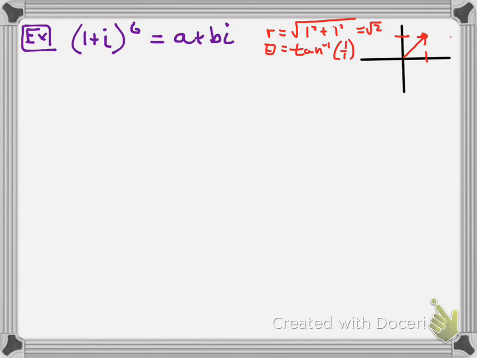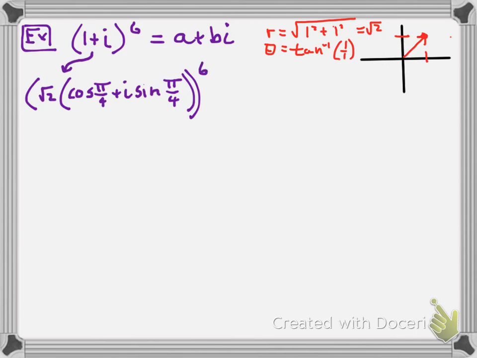All right, so this complex number in polar form is the square root of 2 times cosine of pi over 4 plus i times the sine of pi over 4. And we're raising that to the 6th power. Okay? Is everybody with me?